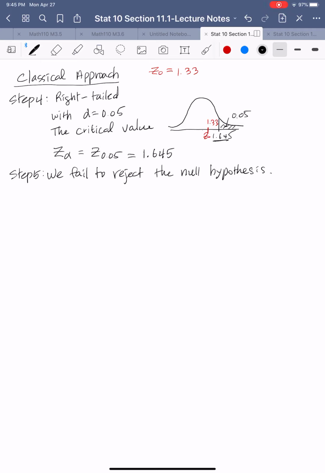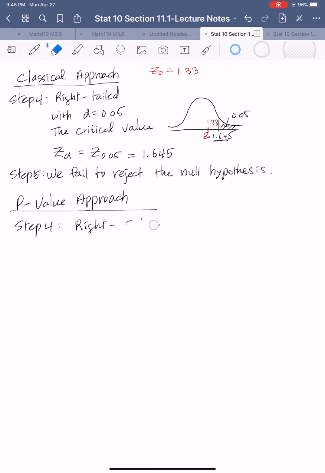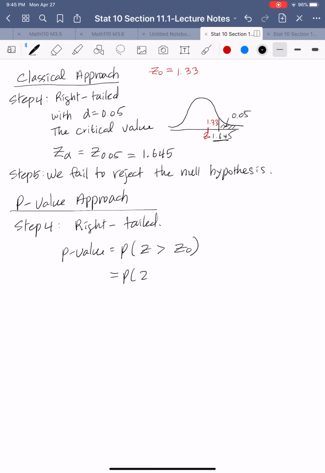All right, now the p-value approach. So you can use either one on the exam. So step 4, of course, is a right tail. So we're looking for the p-value, where we have to put the probability of z greater than or equal to z sub 0, which is 1.33.